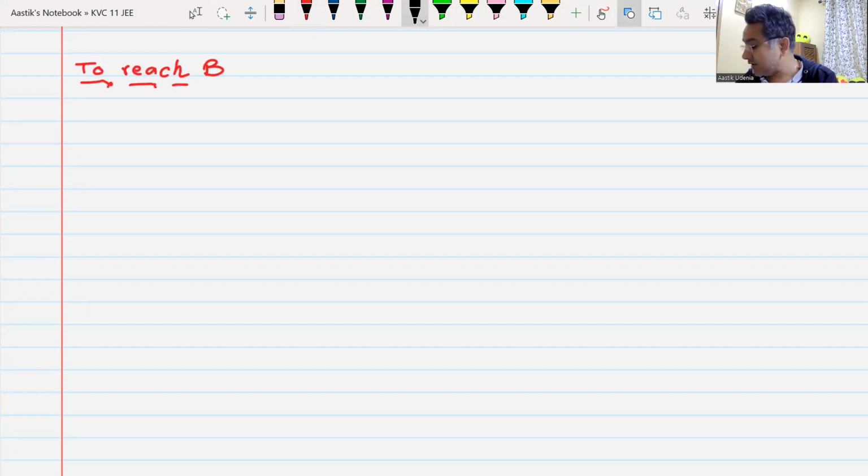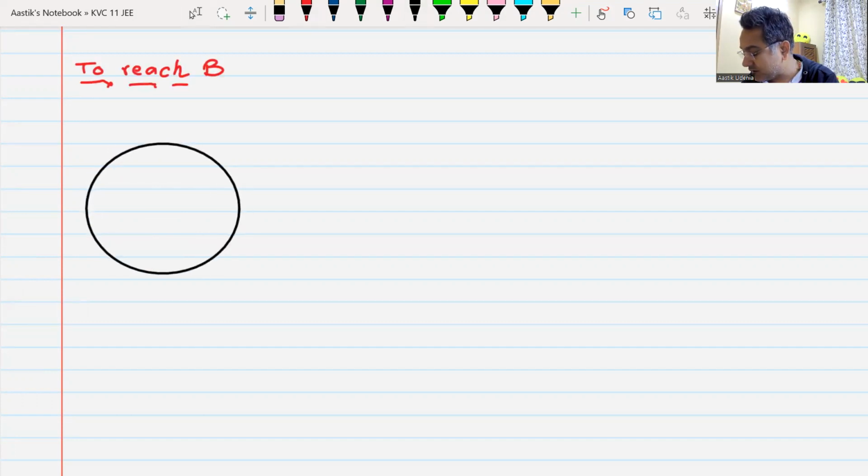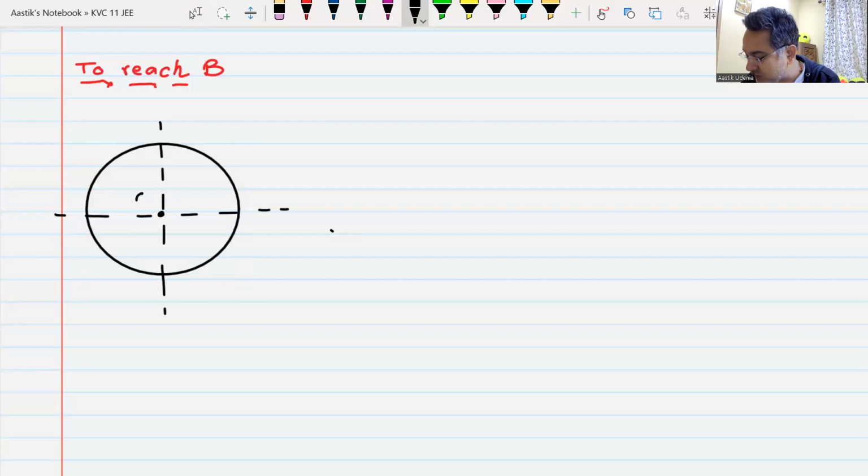Again, as a routine, I shall draw that circle, a smaller circle, because I don't need to do anything else. This is length L. The bob is here, mass M. It just now wants to reach from A to B.